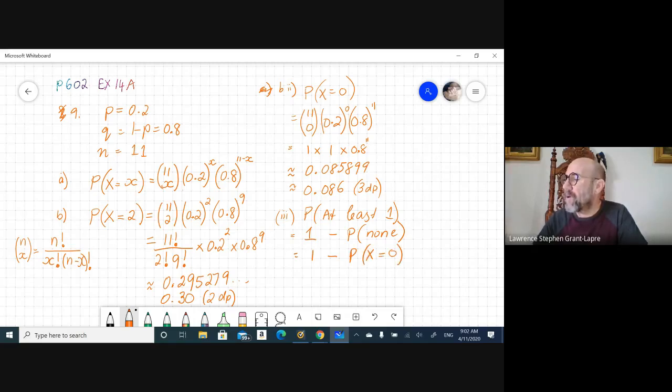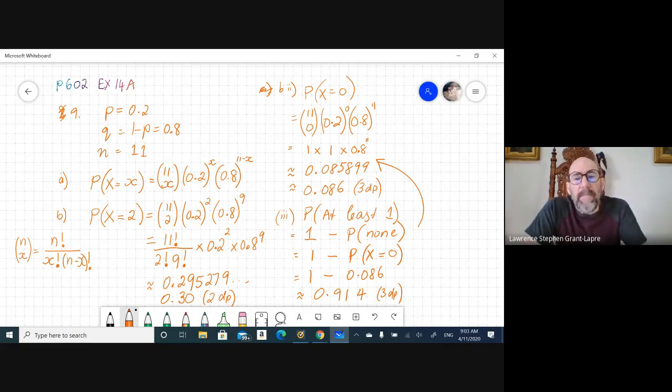And we've already worked that out in part B. So at least 1 means 1 minus the probability of none, 0.086, and that is approximately 0.914 to 3 decimal places. Okay.